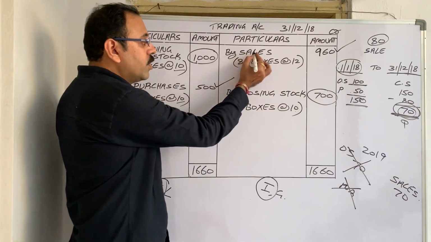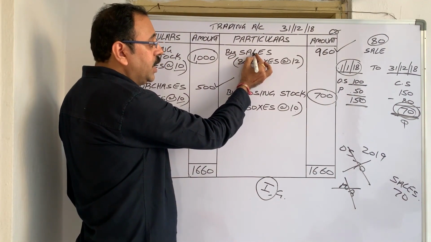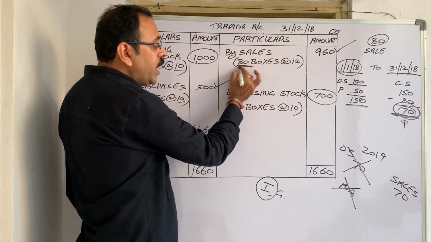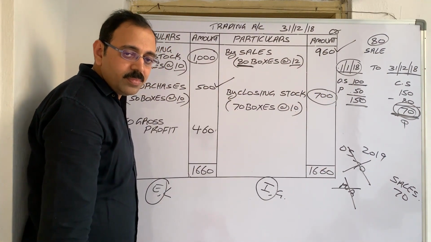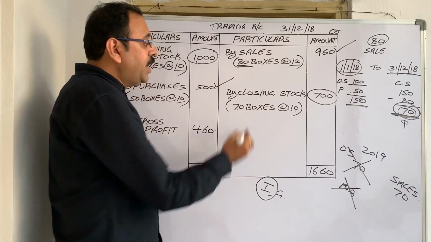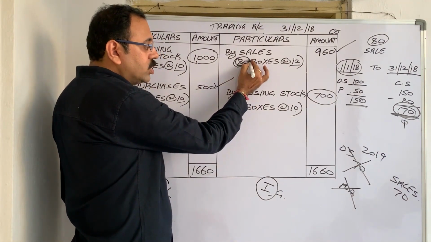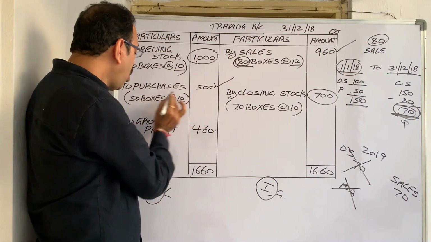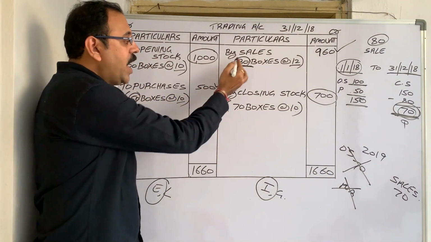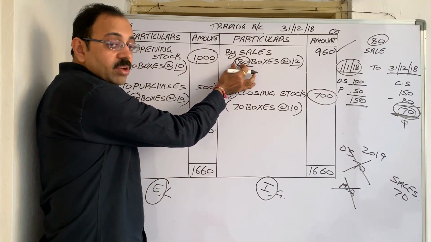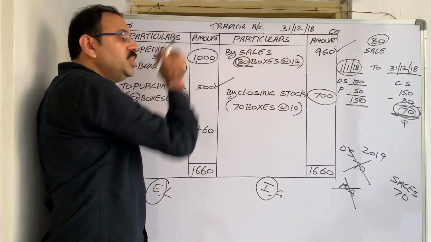Therefore, in 2018 year, we sold 80 boxes at the rate of 12 rupees. Okay, and out of these 80 boxes, in current year, how many boxes we purchased? 50 boxes. And 30 boxes when we purchased last year, no?